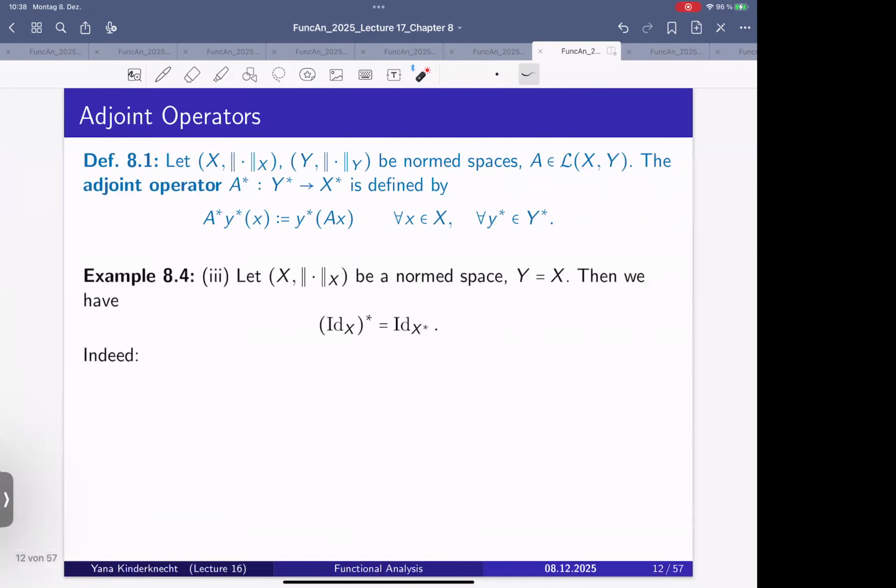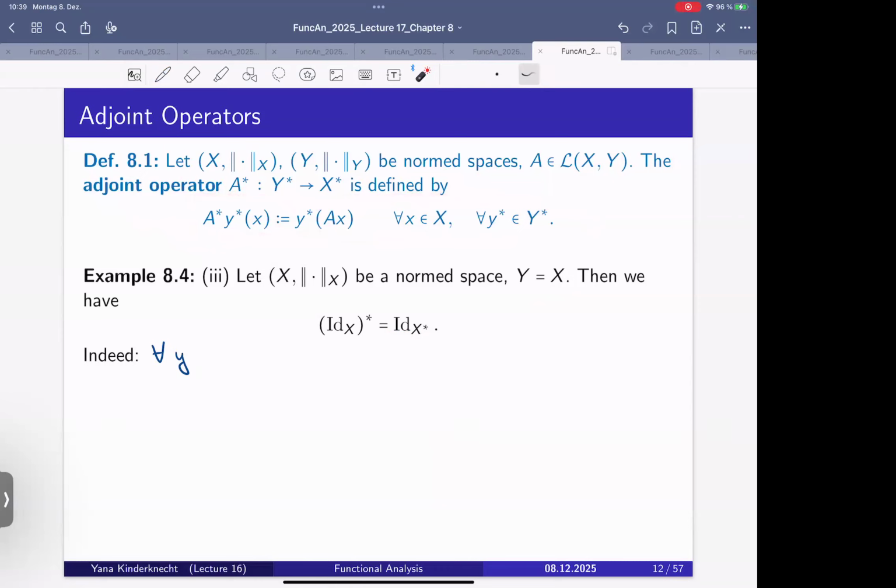Okay, so part 3. Now let X be a normed space, Y equal to X. Then the adjoint operator to the identity operator on X is just the identity operator on its topological dual. So let us show it. Indeed, I want to use this formula.